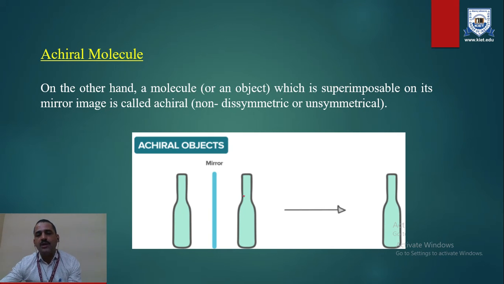That bottle will totally cover its mirror image when we superimpose it on the other one. You will see a single bottle, because the front bottle covers the back bottle. So achiral molecules have superimposable mirror images, and we can say they are symmetrical molecules.